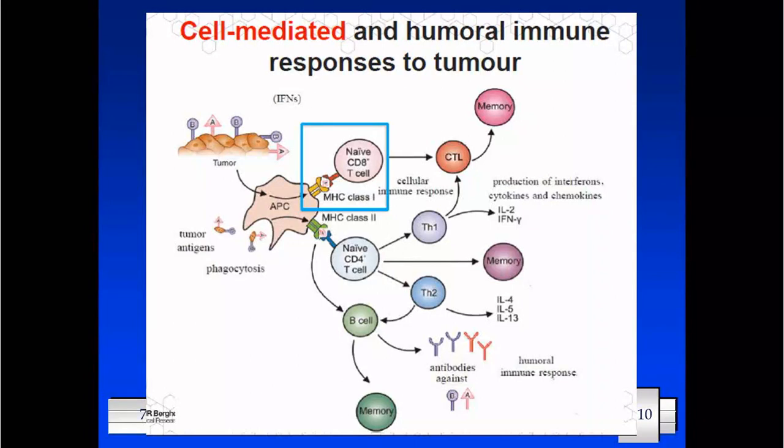And these antibodies represent the humoral immune response. Again, the B lymphocyte, when activated, gives rise to a large number of cells. Some of these cells are kept as memory B lymphocytes for future contact with the tumor.